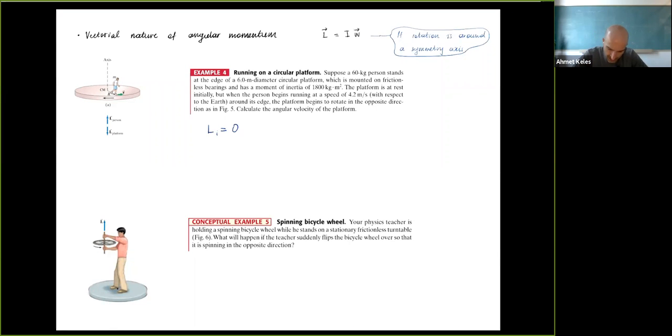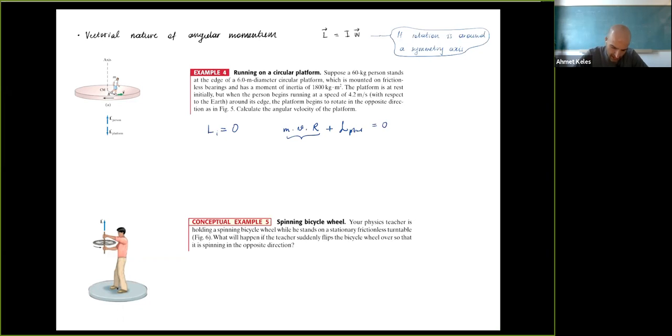And the person starts running at some speed, which we call m times v, at some radius r. So that's the angular momentum coming from the person, plus there will be an angular momentum of the platform, L platform, which is initially equal to 0.